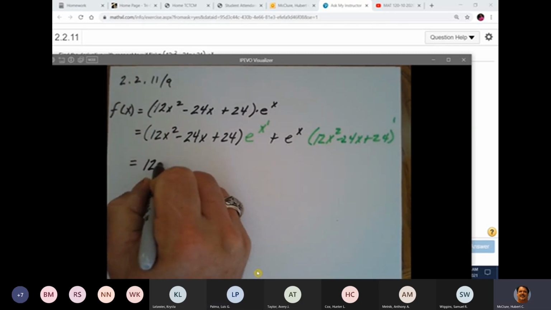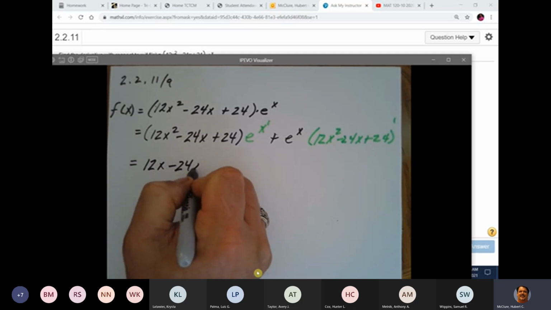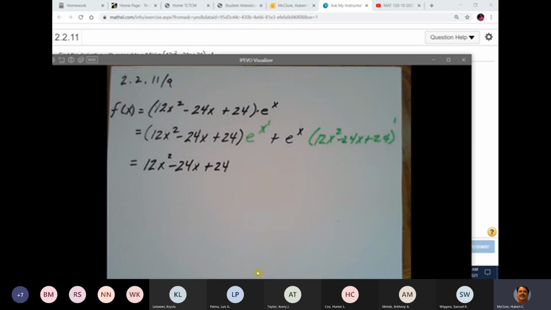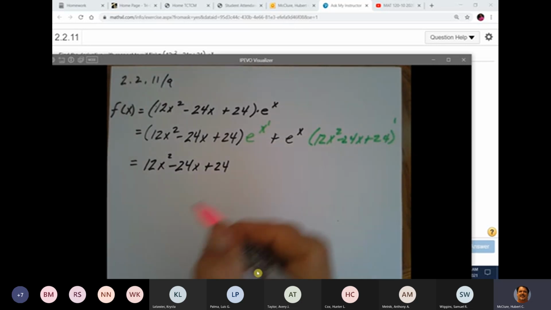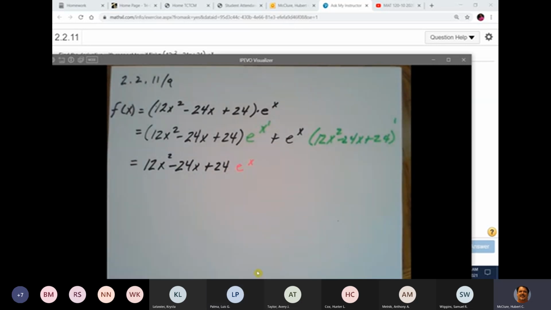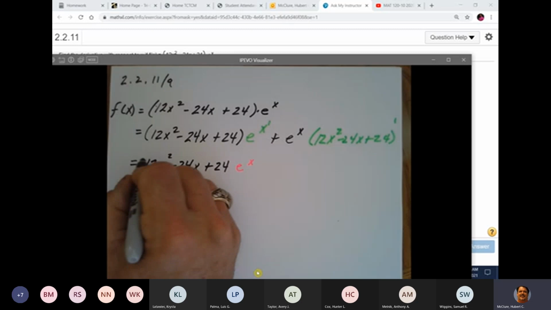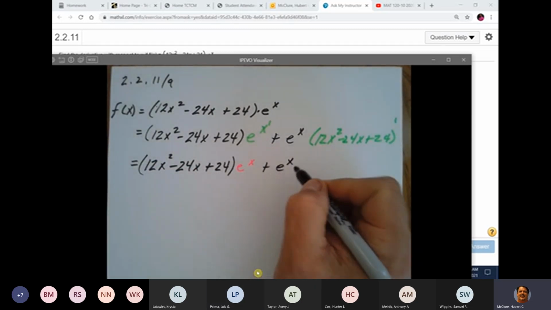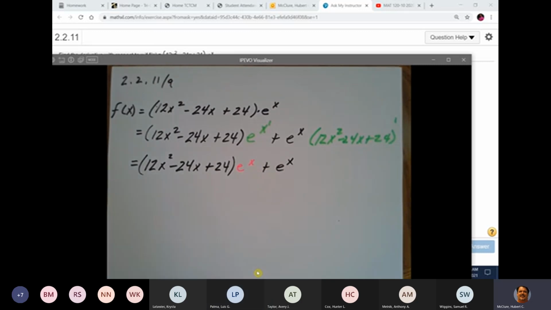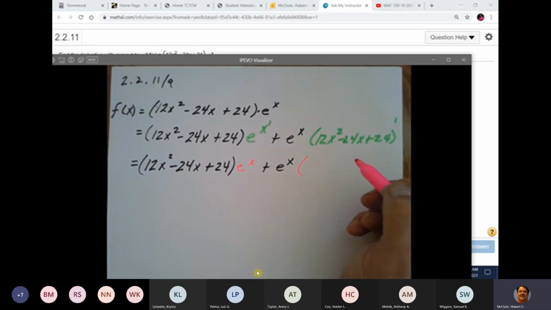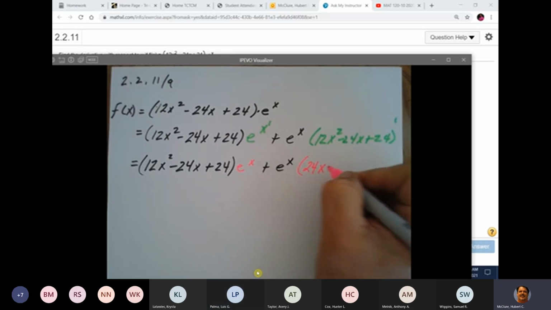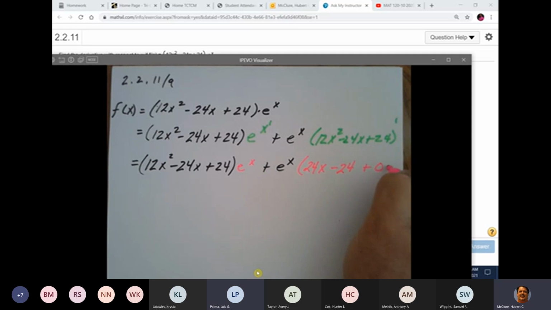So 12x squared minus 24x plus 24 times e to the x, plus e to the x times, so what is the derivative of 12x squared? 24x minus 24 plus 0.